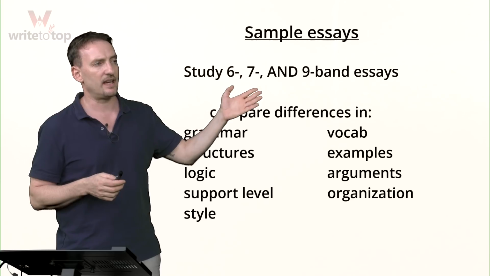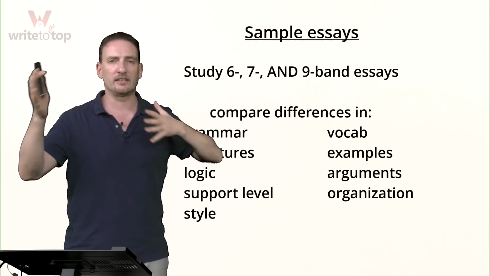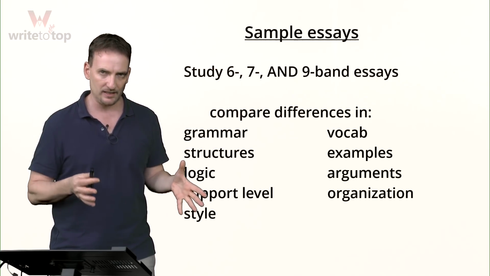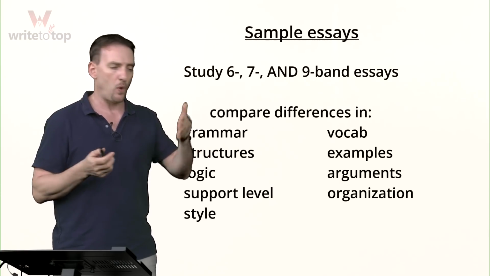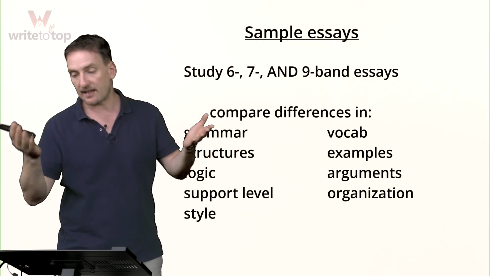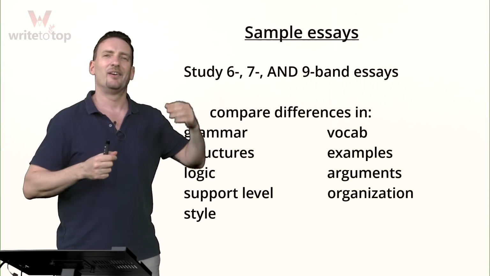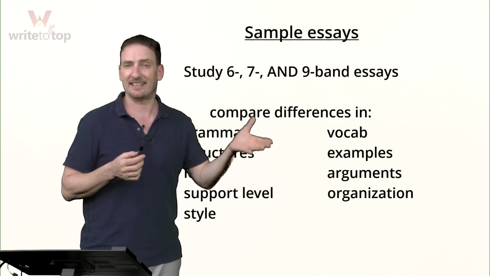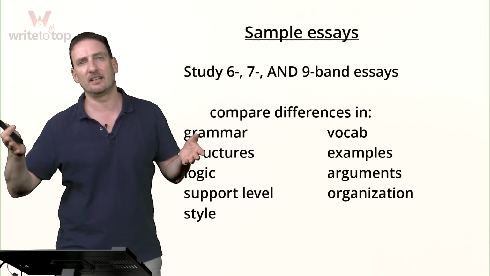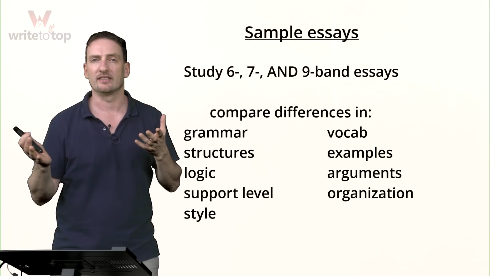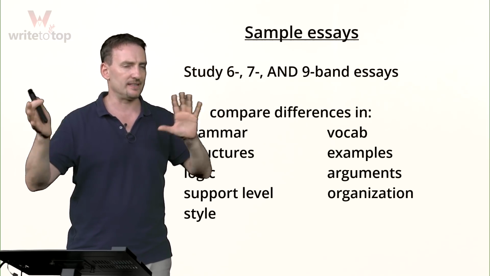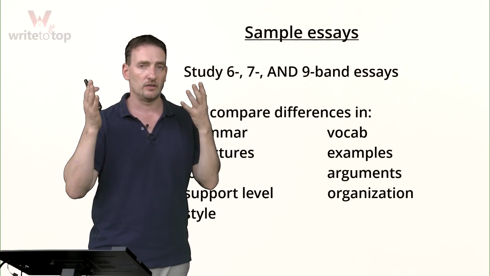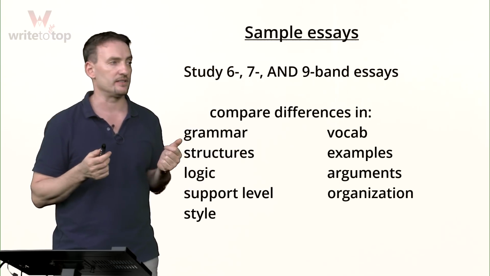Study 6, 7, 9, all the different types of essays that you can find, and compare. Why did this essay get a 6 while this essay got a 7? What's the difference? There's a big difference between 6 and 7 band on the IELTS. You need to figure out what that difference is.